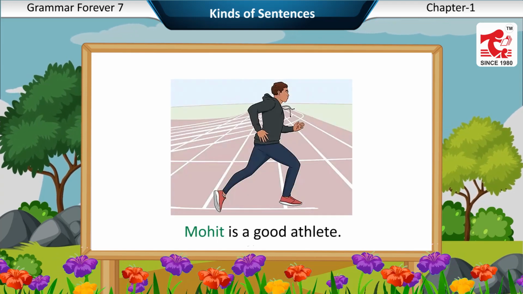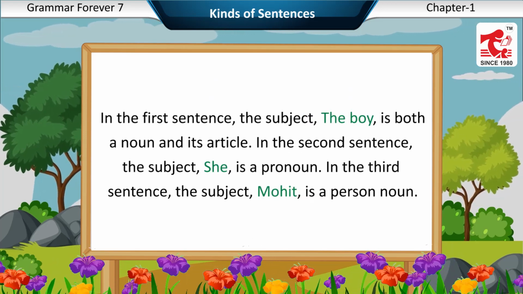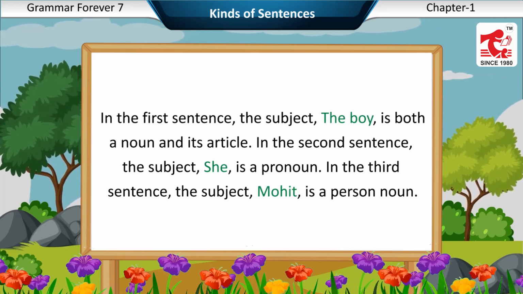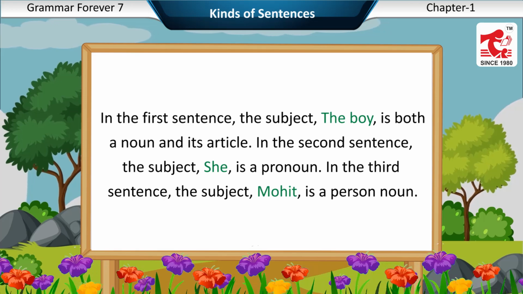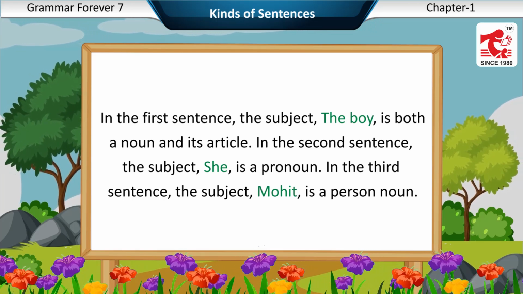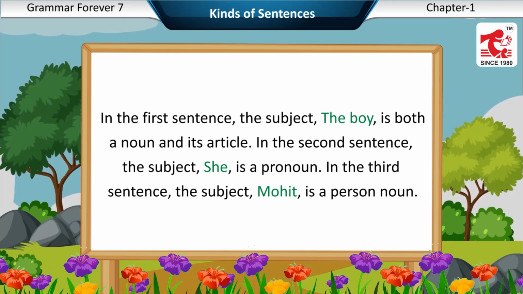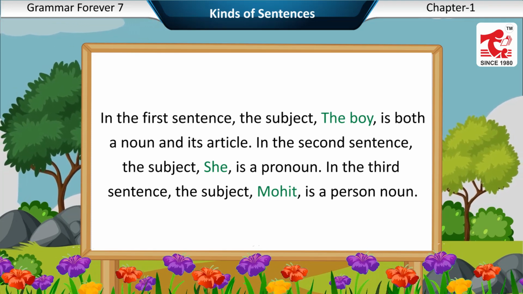Mohit is a good athlete. In the first sentence, the subject, the boy, is both a noun and its article. In the second sentence, the subject, she, is a pronoun. In the third sentence, the subject, Mohit, is a person noun.